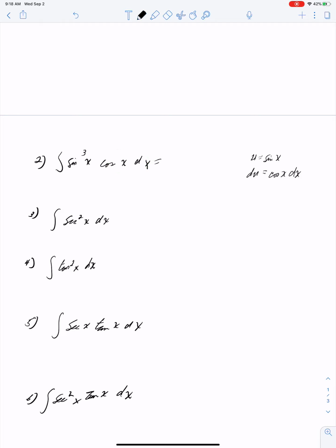So this integral becomes the integral of u cubed du, which of course is what?